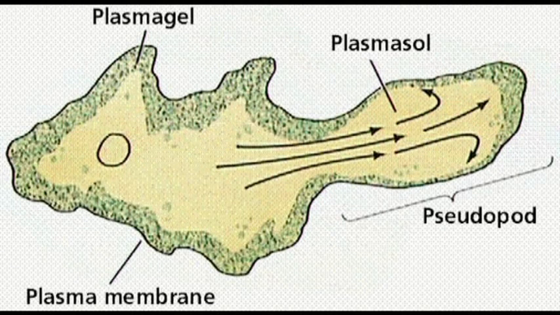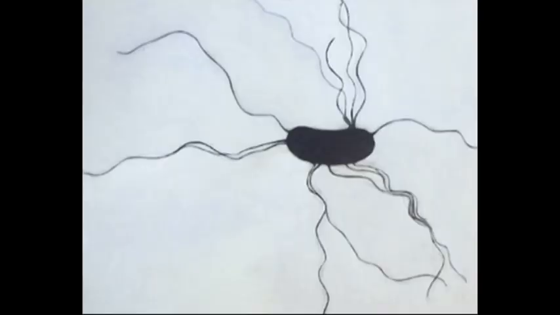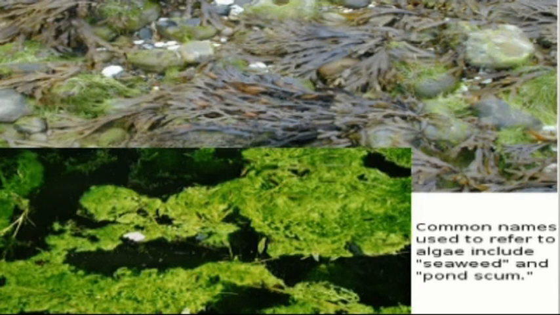Pseudo means false, podium means feet, that is, they move with the help of false feet. The next group of protozoans moves with the help of either cilia or flagella. And the third group of protozoans do not move, but they are attached to a rock or a plant in water.